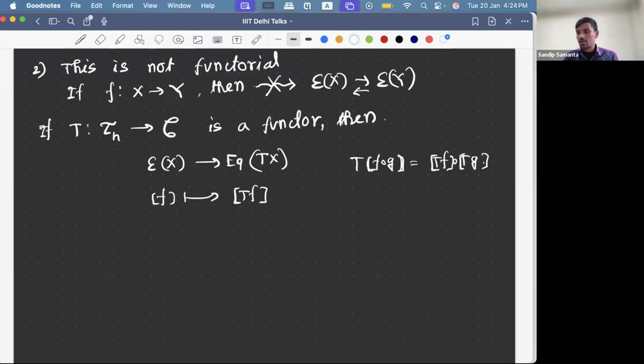The usefulness of this is that in particular we can take various functors.